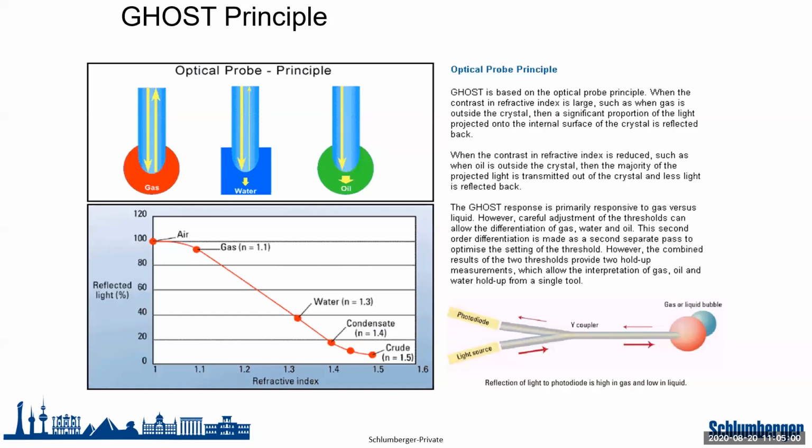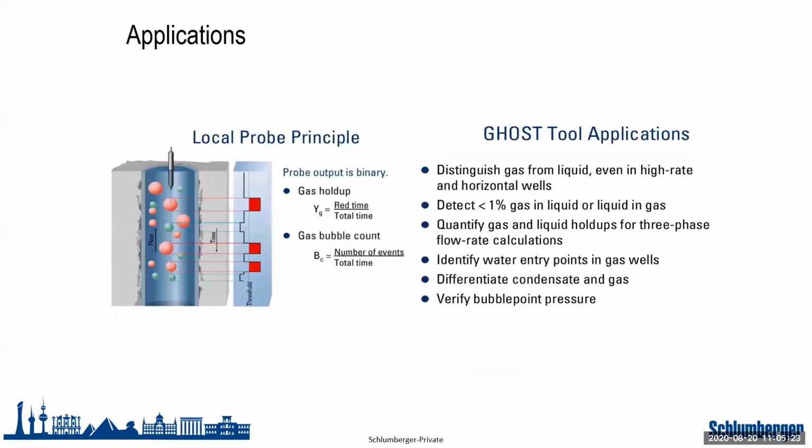If I am in water, less light is going to be reflected back to the photodiode, and if I am in oil, no light is going to be reflected back to the photodiode. So again, what we do with this tool is discriminate the presence of gas from liquid. I want to see gas holdup compared to liquid holdup.